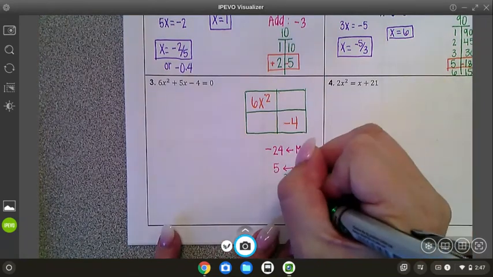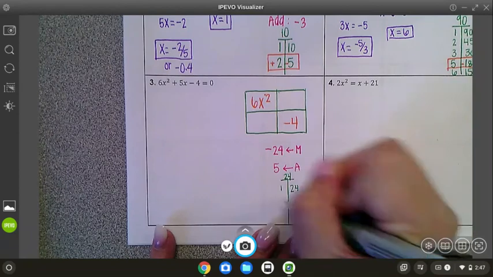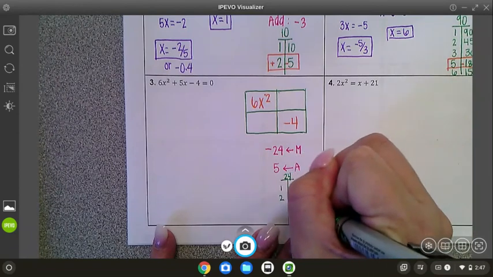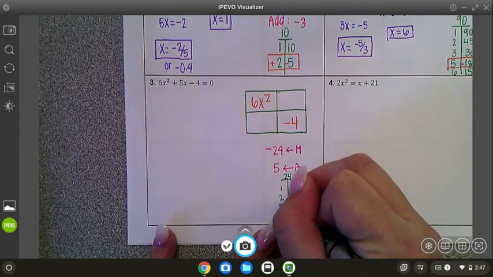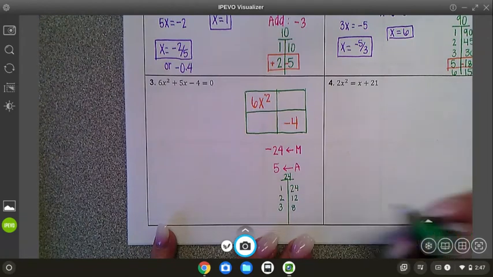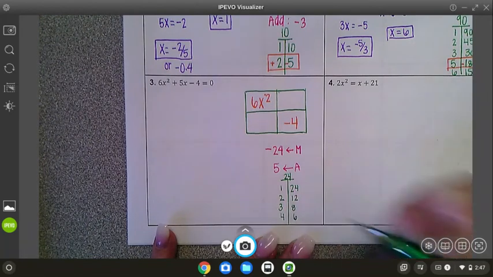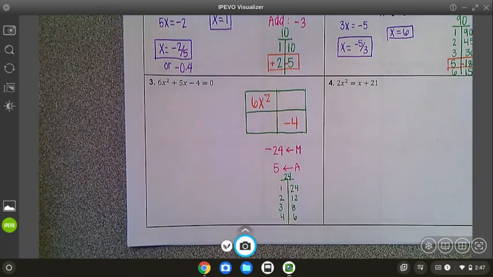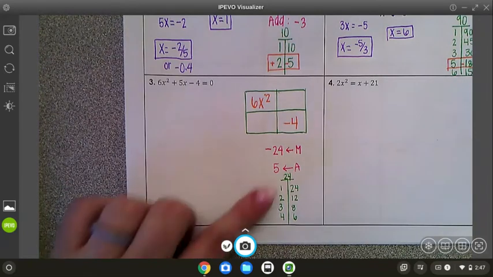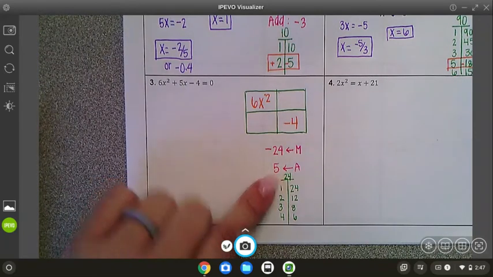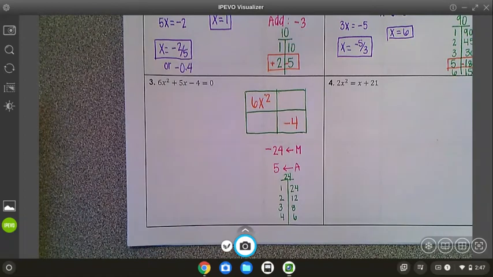All right, 24. 1 and 24. 2 and 12. 3 and 8. 4 and 6. Once again, that is a negative 24. So one of my two numbers has to be negative. Look at those, see if you can figure it out.